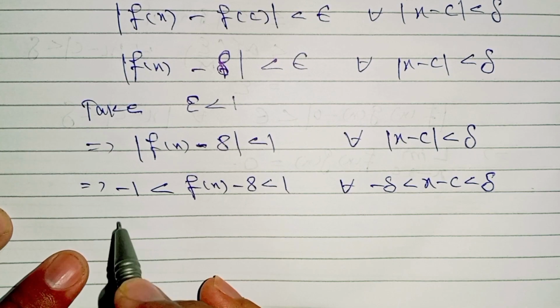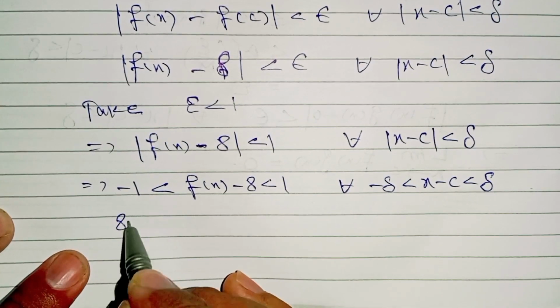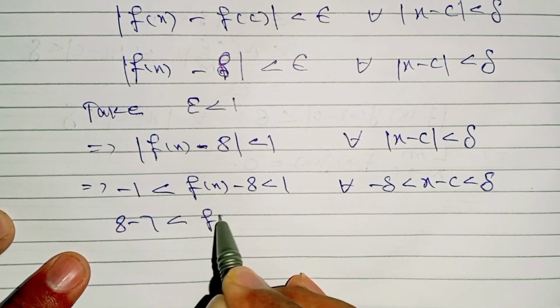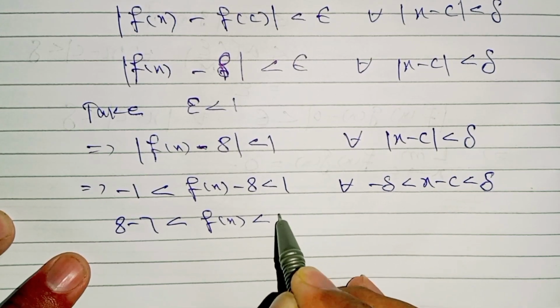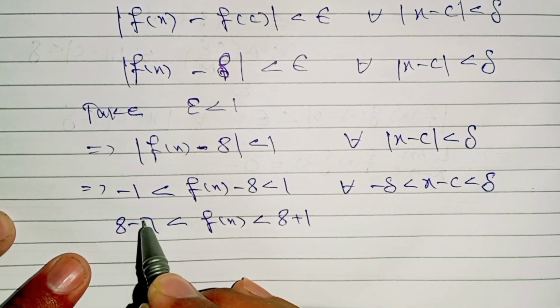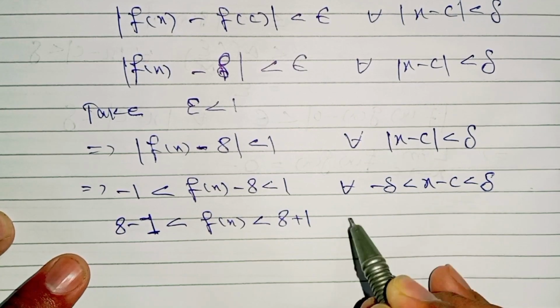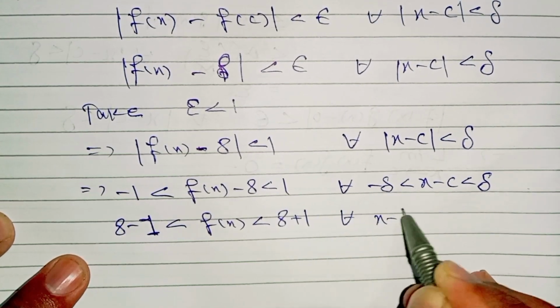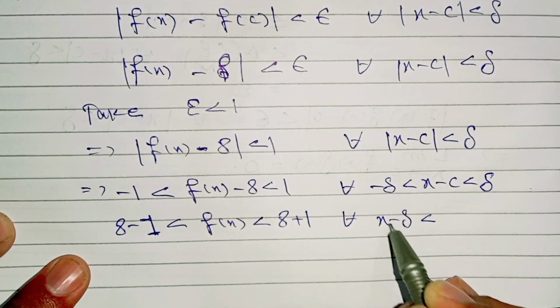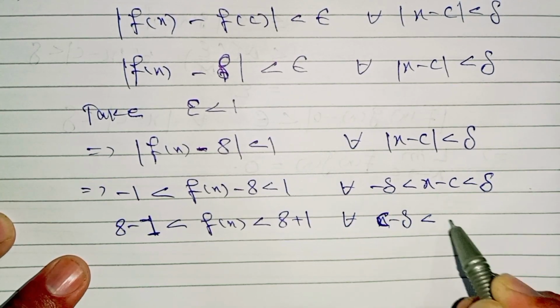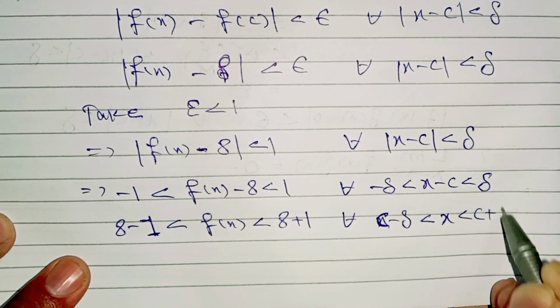This implies that 8 - 1 is less than f(x) is less than 8 + 1 for all x with c - delta less than x less than c + delta.